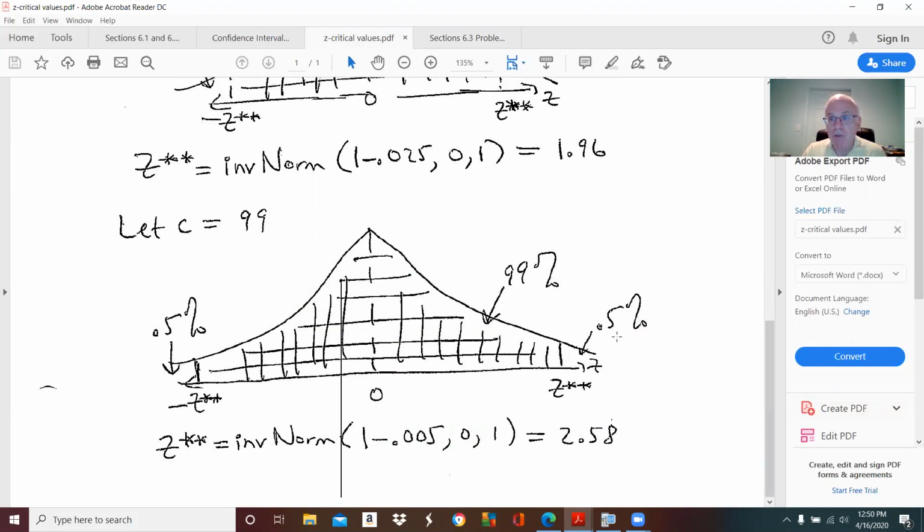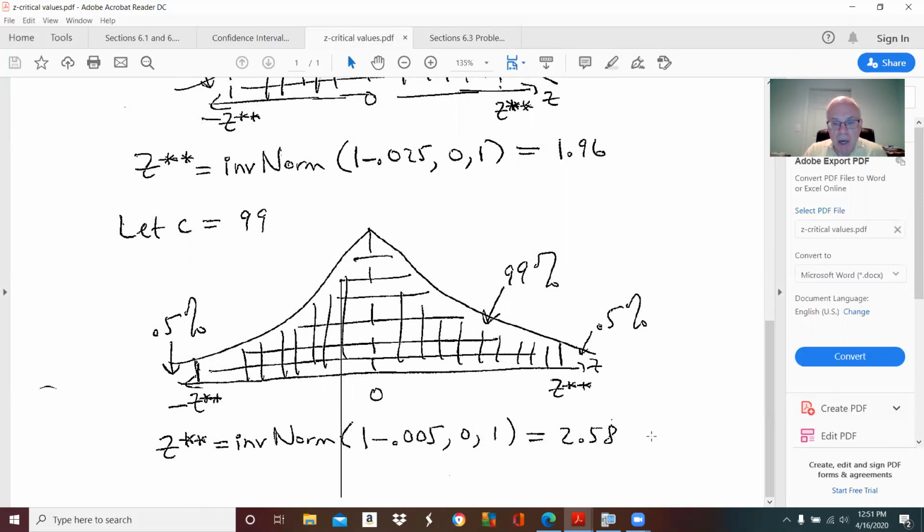Now, by the way, to convert a percentage into a decimal, we divide by 100. So when we divide 0.5 by 100, we move the decimal point over to the left by 2, and we get 0.005 as the area to the right. So 1 minus 0.005 is the area to the left, which happens to be 0.995. 0.99 plus 0.005 is 0.995.